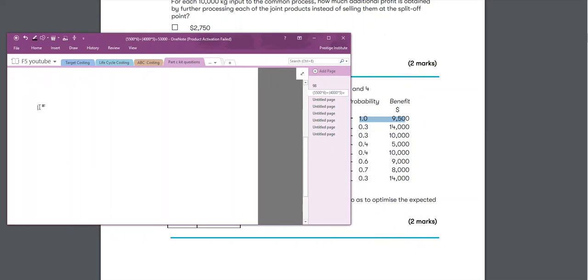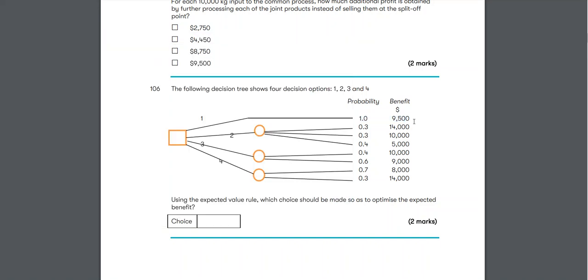We have 0.30 multiplied by 14,000 plus 0.30 multiplied by 10,000 plus 0.40 multiplied by 5,000. This is the expected value. So this is lower than the first one. So if we are comparing 1 and 2, 1 will be good.